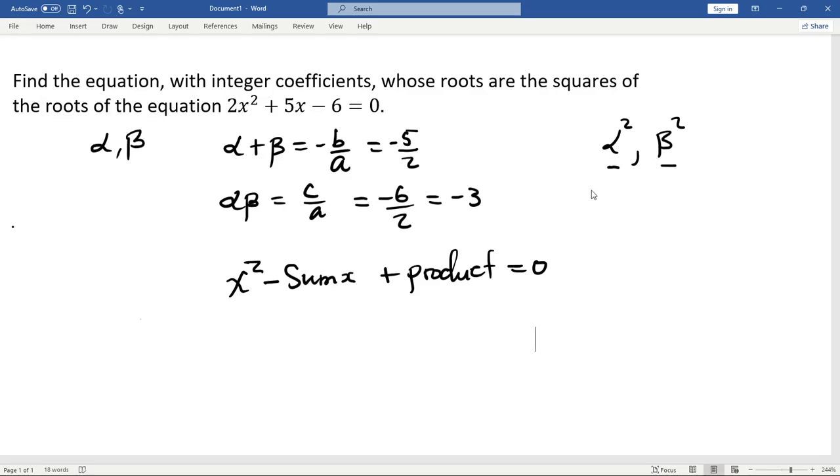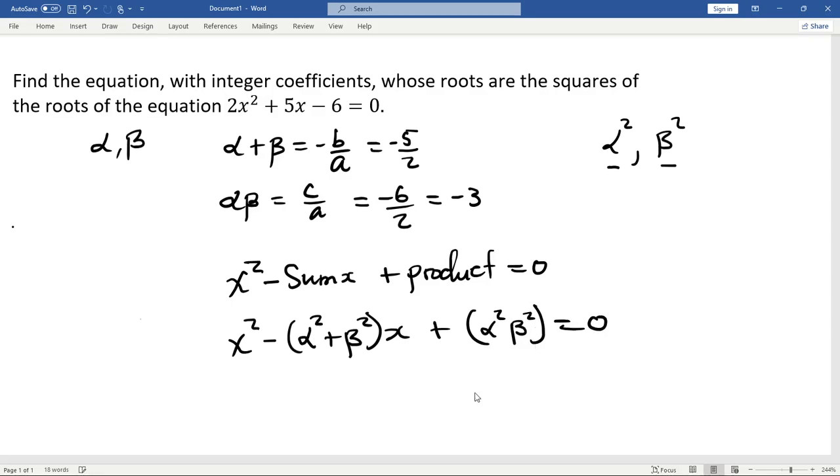So here we have x squared minus the sum, alpha squared plus beta squared, times x, plus the product, alpha squared multiplied by beta squared, equal to 0.